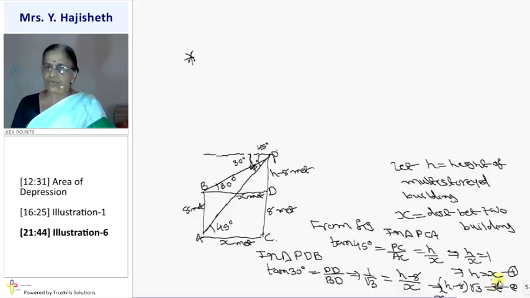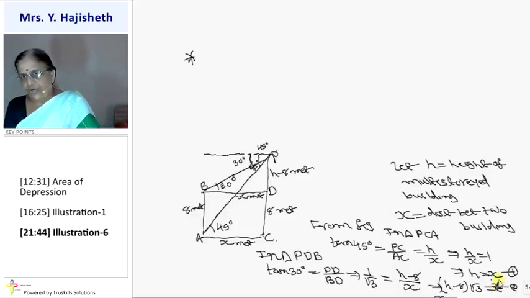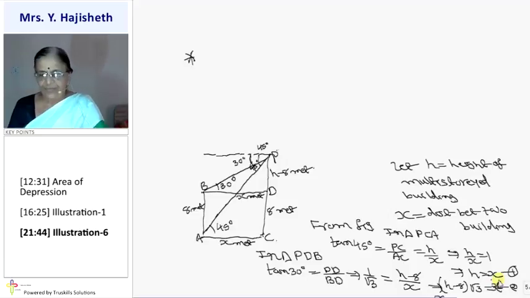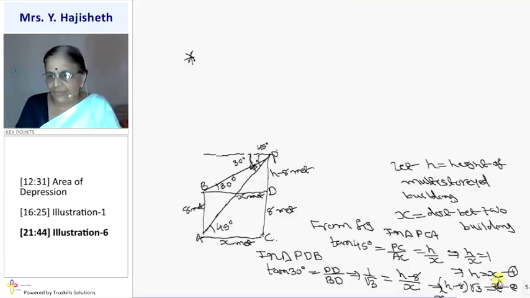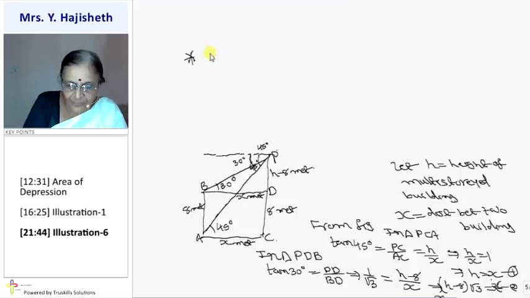Okay. Now I have to solve equation 1 and 2 in order to get h and x. Before that, I should write down the illustration in a simple way. पहले मैं क्या लिखती हूँ? एंगल ऑफ डिप्रेशन दिया है.